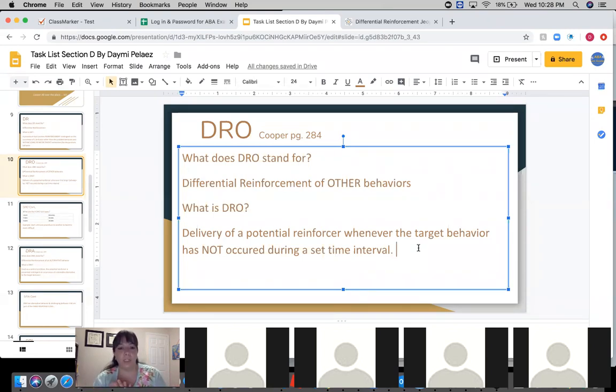So this one is specific on set time. Right. Because it's the only way. How else are you going to give a reinforcement for other behavior? Everything is a behavior outside of that target behavior. You have to do it on a time interval. Yeah, so DRO is basically anything else other than the target behavior. Right, and that's why it's time sensitive.